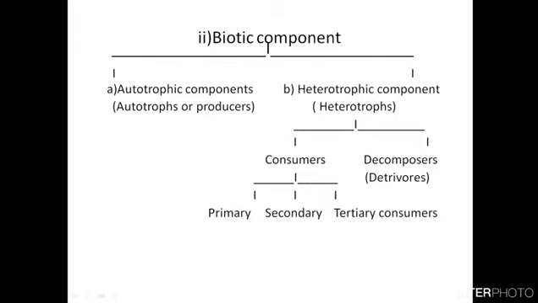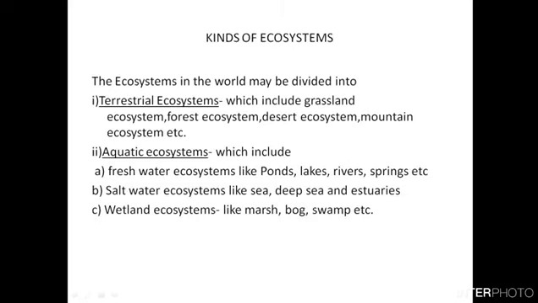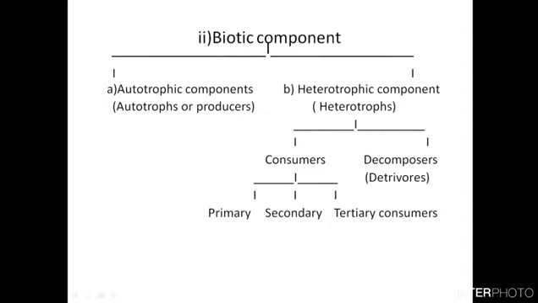The heterotrophic component comprises two groups, the consumers and the decomposers, also known as detritivores. Let us look at the consumers. The consumers include primary consumers, secondary consumers, and tertiary consumers.